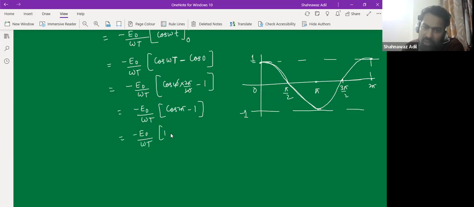So 1 minus 1 is 0. So we get 0. The average EMF over a full cycle is 0.